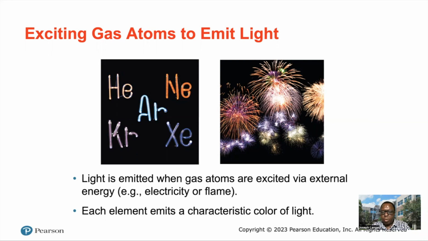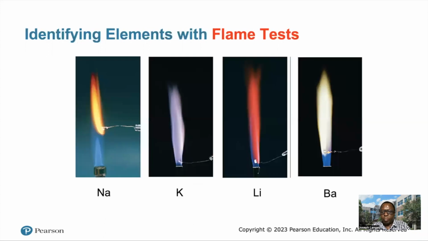You may perform an experiment, we call it the flame test experiment, identifying elements in a solution. Normally, there is an experiment at UNF. If you are attending UNF, if you took Chem 1 lab, or if you are to take Chem 1 lab, at some point you'll perform a flame test on some solution where you dip the wire and put it on the Bunsen burner.